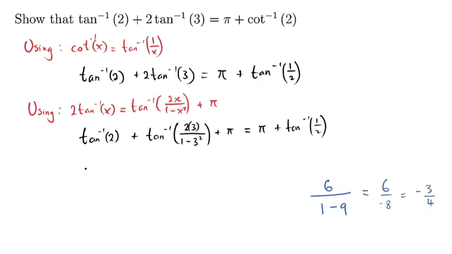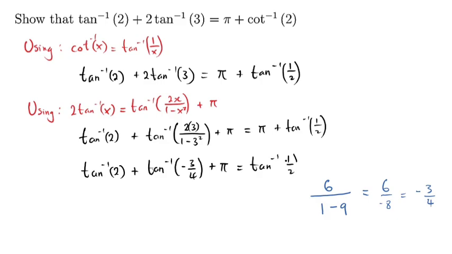So if we write what we have, this gives us tan inverse of 2 plus the tan inverse, and in the brackets there, it has reduced to negative 3 over 4. Then remember, we have the pi, and this is equal to the tan inverse of half, like that.